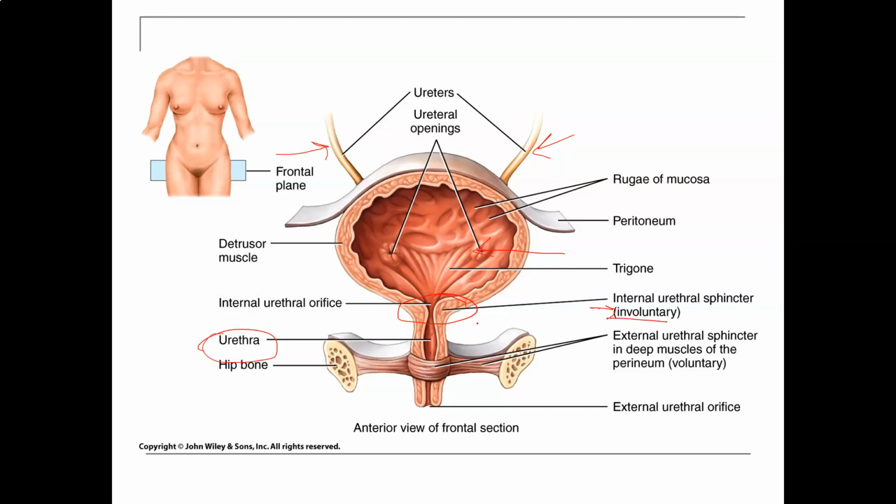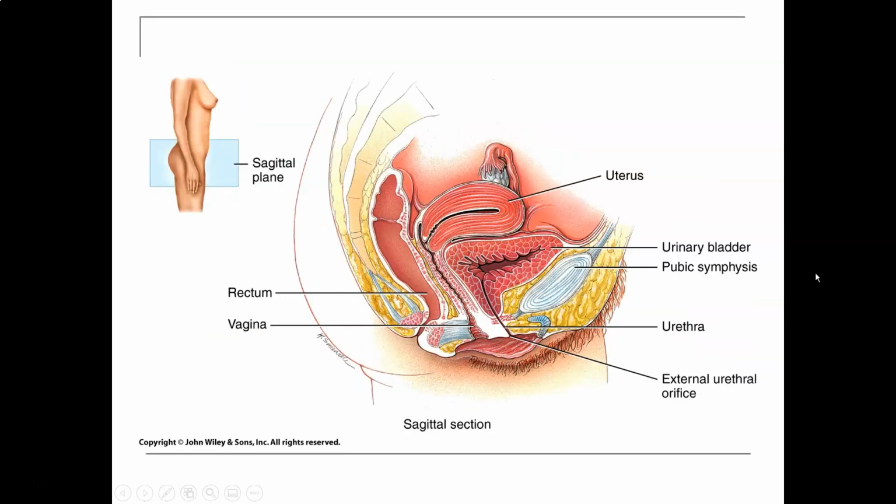It's involuntary. You do not have control over it. But fortunately, we do have an external urethral sphincter, which is voluntary. And it gives us, for the most part, control over our bladder. So, that's the rest of the urinary system.